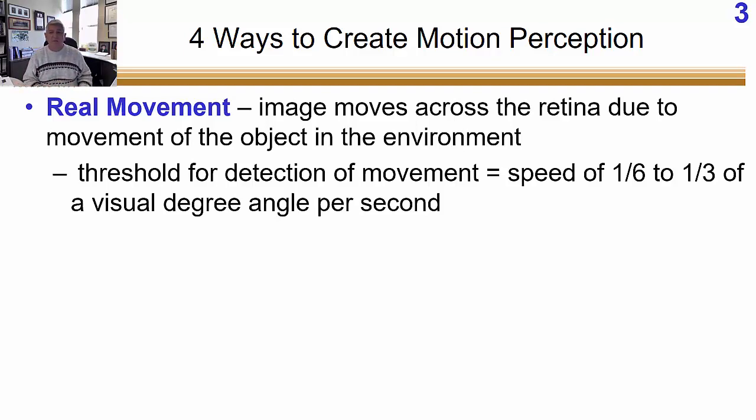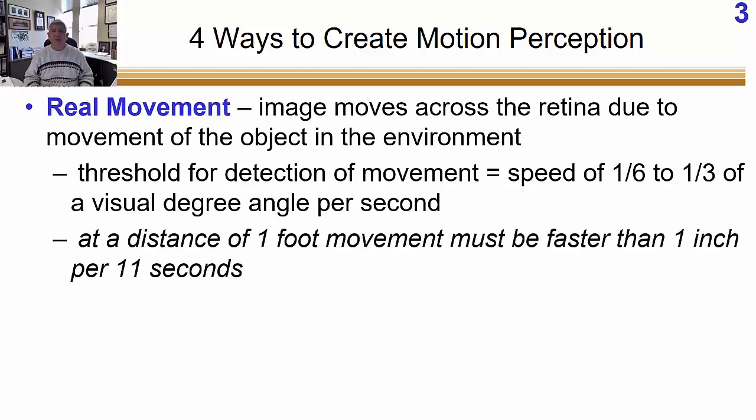It's about a sixth to a third of a visual degree per second. And so if we were to have something that was 1 foot in front of us, if we didn't have any other cues, we just had real movement of that, it would have to be moving faster than 1 inch every 11 seconds. So if it moved 1 inch in 10 seconds, right, we wouldn't perceive that thing as moving.